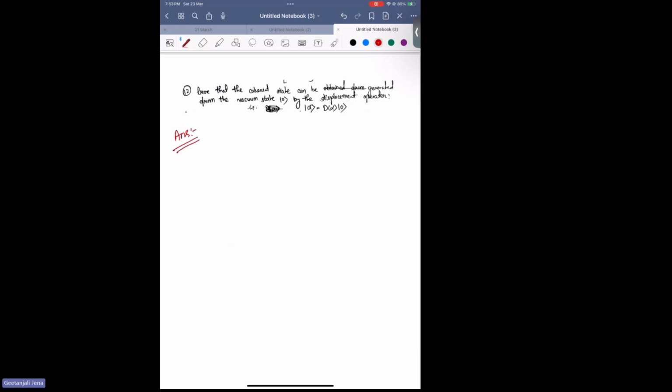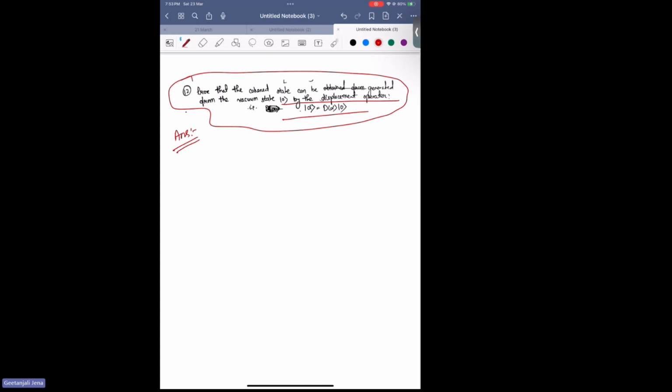Okay, let us move to our next question. The next question is: prove that the coherent state alpha can be generated from the vacuum state 0 by the displacement operator. I am solving these problems because it will be useful to you to simplify some of the other problems.